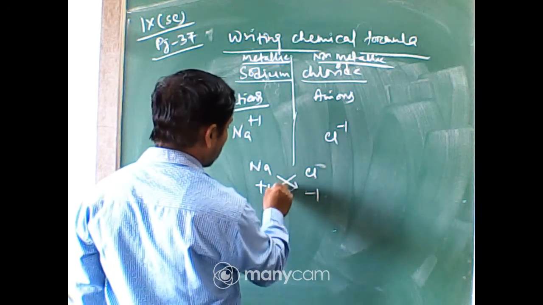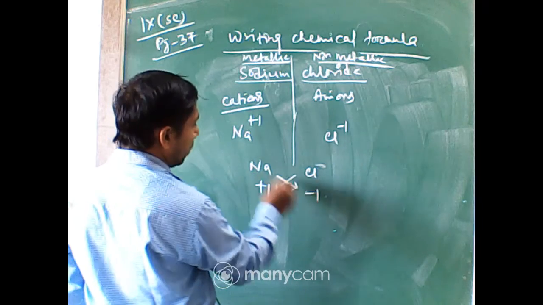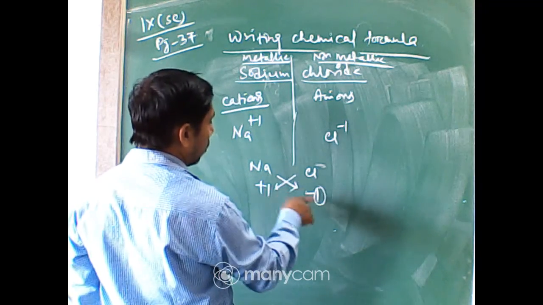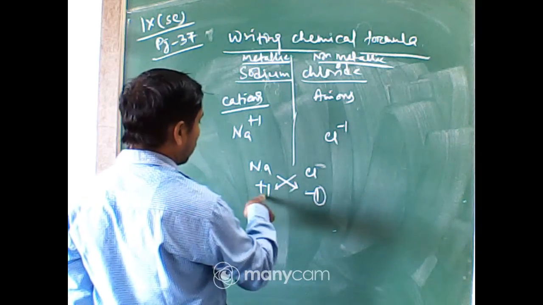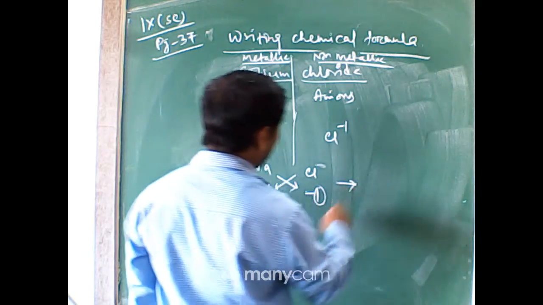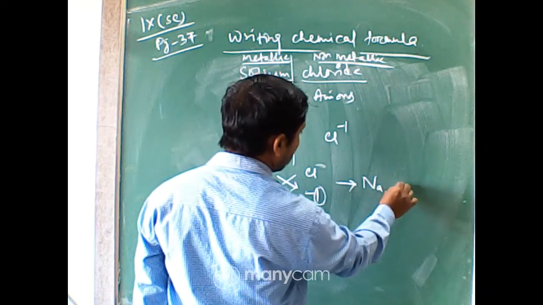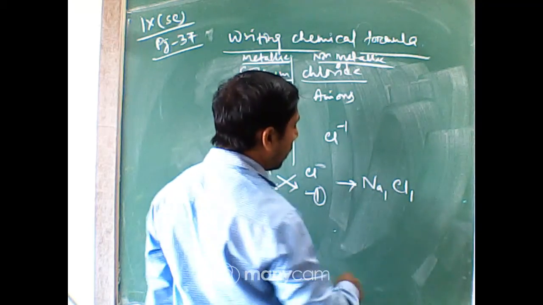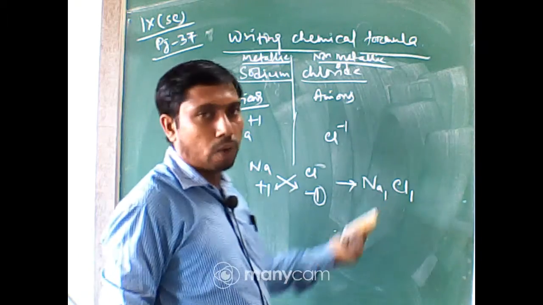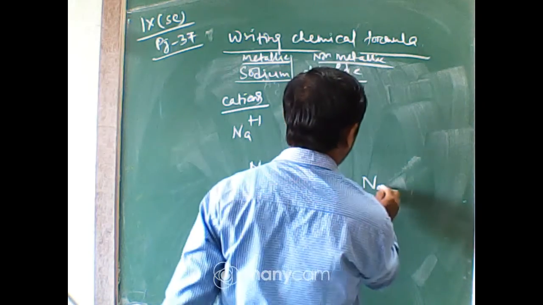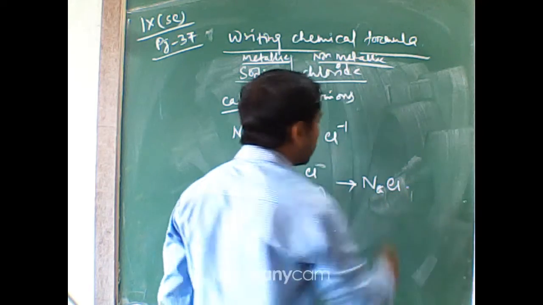Now, cross multiply it, here only take the numeric one, here also take the numeric one. Now, we come to Na1 Cl1, but when it is 1, we need not write down 1, we will only write NaCl.